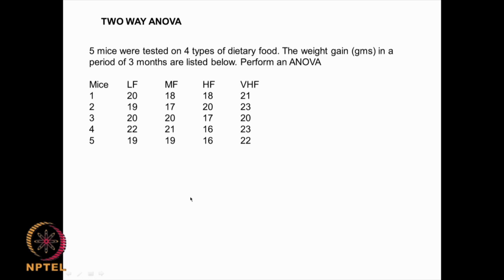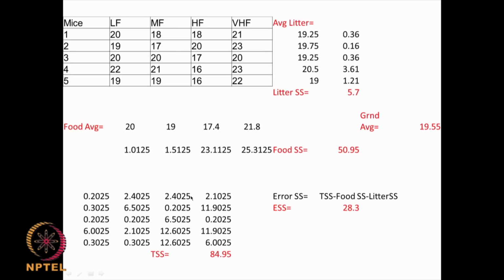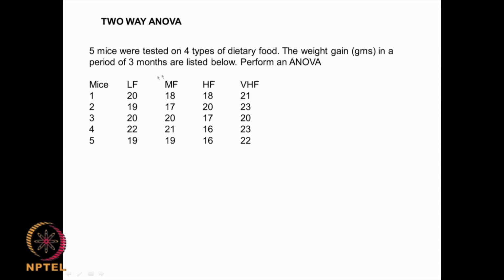Okay. So, we can do the same ANOVA. Here we can do 2 types of ANOVA. One is based on the type of food, another is based on the mouse, because each mouse could have come from a different litter.